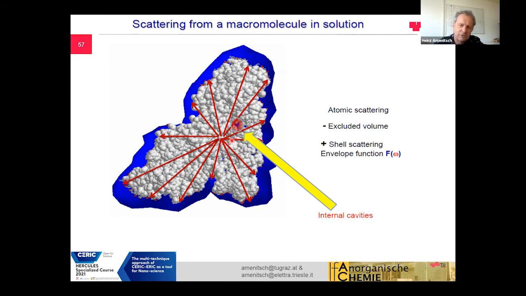But then you have to incorporate the excluded volume. And also, very important, you have a hydration shell around the protein, which adds to the scattering. This shell is actually quite an important contribution.